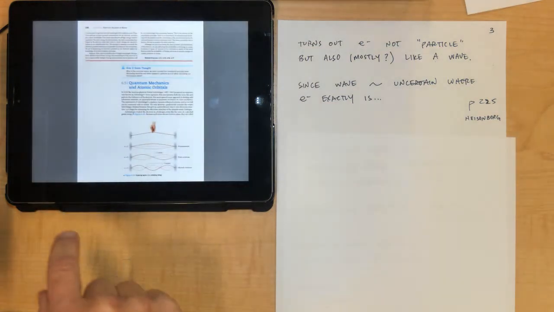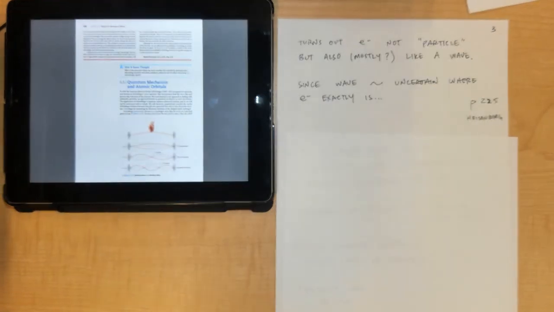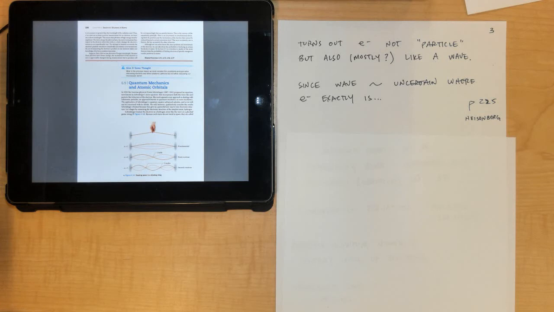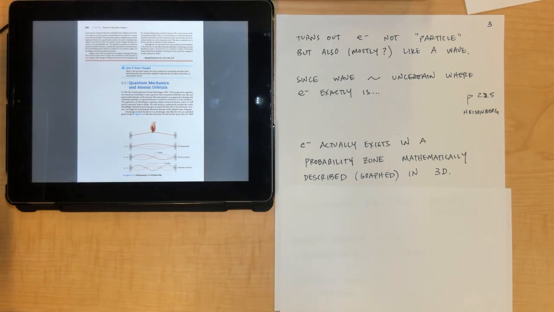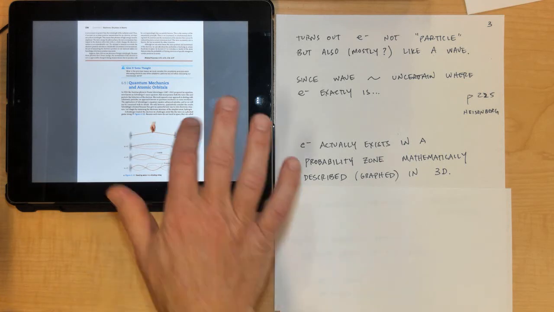Mathematically, we can model how uncertain we are and give a probability of where the electron might be. And so electrons actually exist in a probability zone that can be mathematically described or graphed in 3 dimensions.